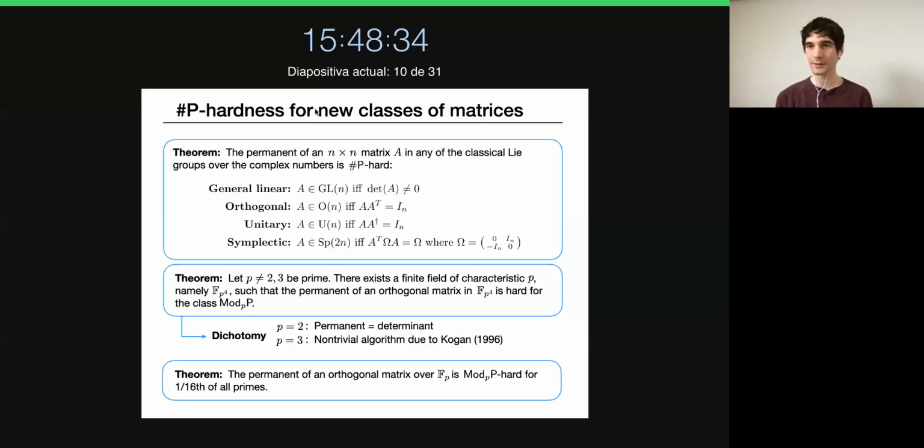Hey, Daniel, can I ask a quick question? Sure, David. So for p equals 2, you say the permanent is the determinant, so you can compute it by linear algebra. Is there some idea of Kogan's that can be explained in a phrase that would give us an idea of how it works? Is it linear algebra or something else for p equals 3?